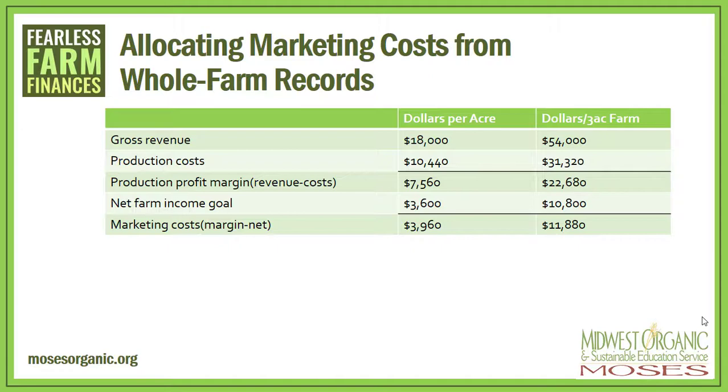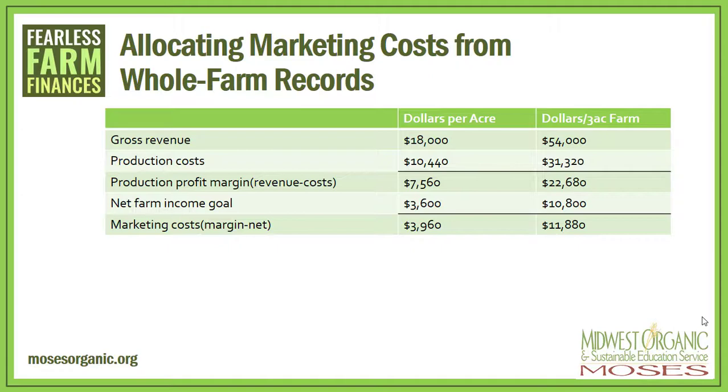Your sales projections are for total gross revenue of $18,000 per acre if you sold direct through the farmer's market. Direct production expenses include depreciation, land rent, and we added back in that non-paid family labor, and all of those are $10,440 per acre. Or you could look at it and say that's 65% of sales.